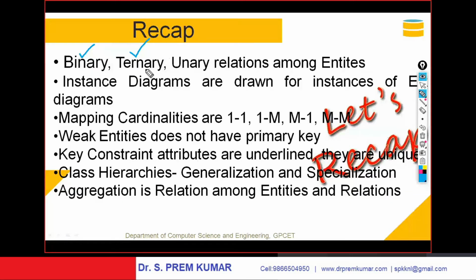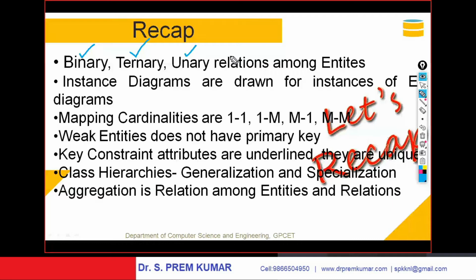We discussed binary relation, ternary relation, and also we observed what is a unary relation. Unary relation is nothing but the relation which is related to itself. When the same entity gets related to itself, it is called unary relation. Example, a supervisor should supervise the subordinates. Supervisor is an employee and subordinate is also an employee.